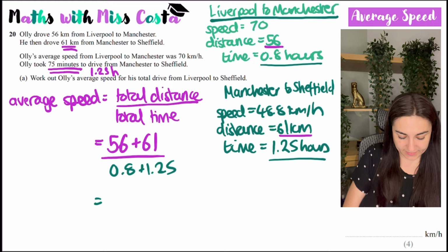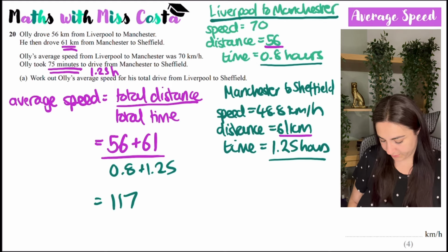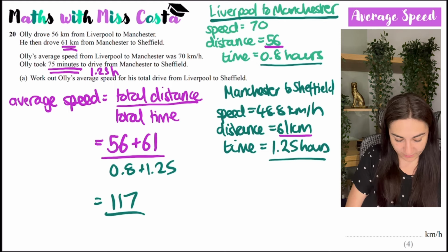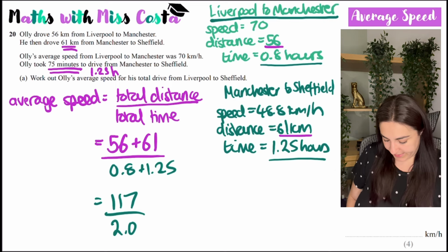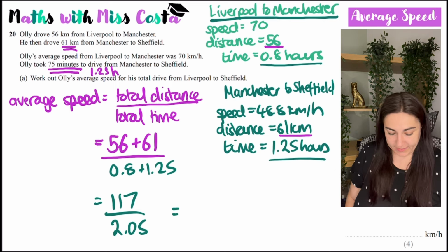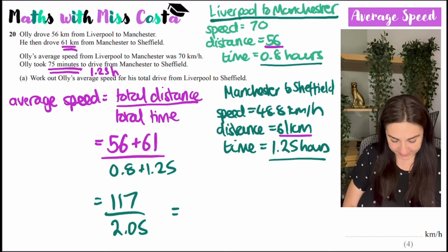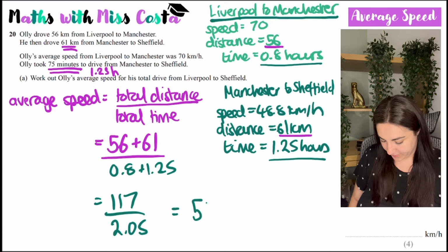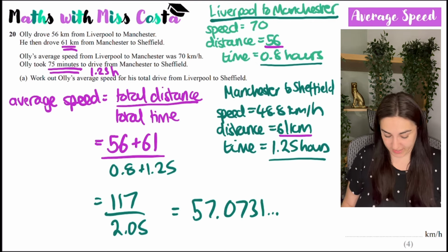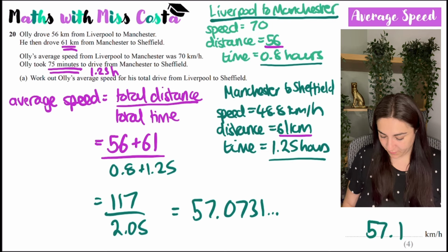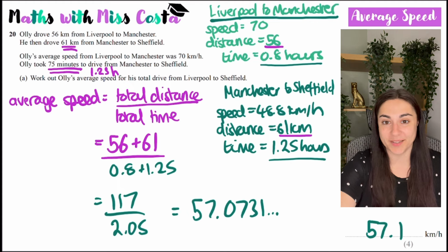So 56 plus 61 is 117, and 0.8 plus 1.25 is 2.05. So I just type that into my calculator. 117 divided by 2.05 gives me 57.0731, which I would probably round to 1 decimal place. So 57.1 kilometers per hour.